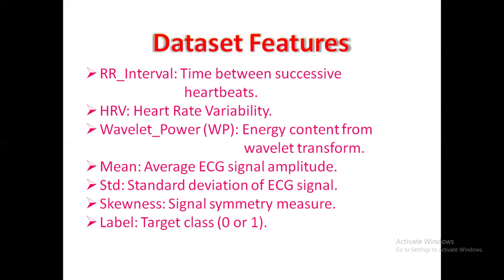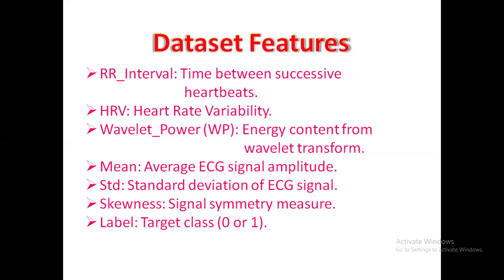Heart rate variability, HRV, measures the variation in time between successive heartbeats derived from RR intervals. Rather than focusing on average heart rate, HRV looks at the beat to beat changes in timing, which reflects the heart's ability to respond to stress, exercise, or disease.